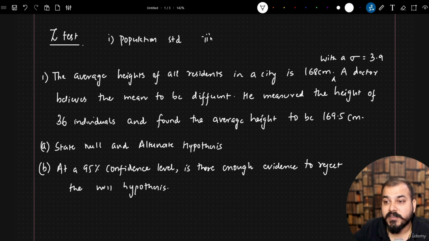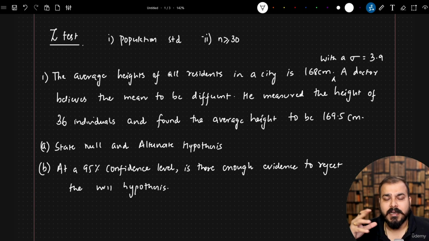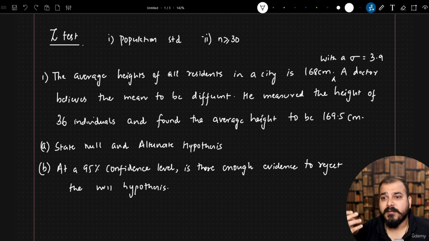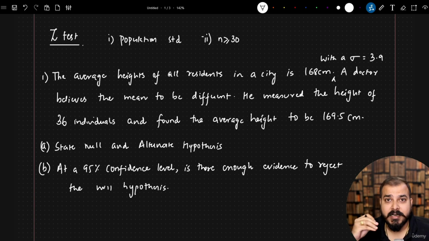And the second thing, your sample size should be greater than or equal to 30. If these two conditions are matching, then you can use Z-test. Whenever a problem statement is given where you know the population standard deviation and the sample size is greater than or equal to 30, at that point you can use Z-test.